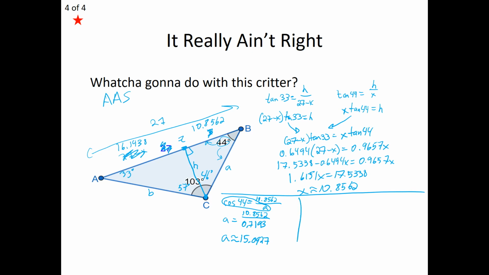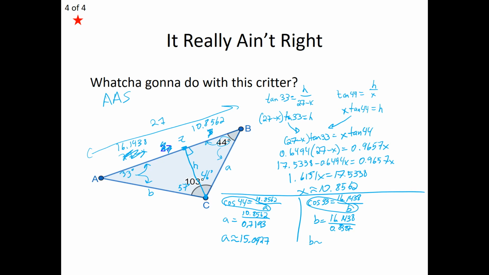Now let's solve for our missing side B. I'm going to use the cosine of 33 because, with the cosine of 33, I have my adjacent side now and my hypotenuse, which is B. I can then solve for our missing side B. So the cosine of 33 is equal to the adjacent 16.1438 divided by the hypotenuse B. I again do that algebraic trick, switch those, and I get B is equal to 16.1438 divided by the cosine of 33, which I'm going to plug in its respective ratio, which is 0.8387.